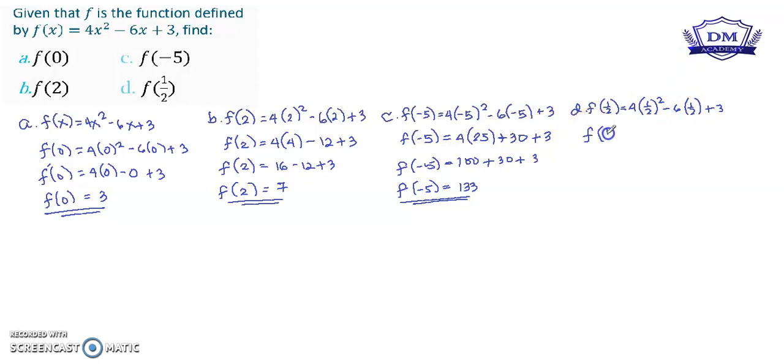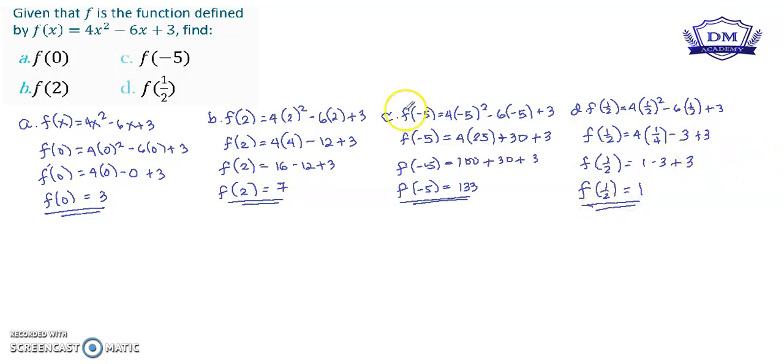So f of 1/2 is equal to 4 times 1/2 squared, which is 1/4, minus 6 times 1/2, that is 3, plus 3. So f of 1/2 is equal to 4 times 1/4 is 1, minus 3 plus 3. So our f of 1/2 is equal to 1.